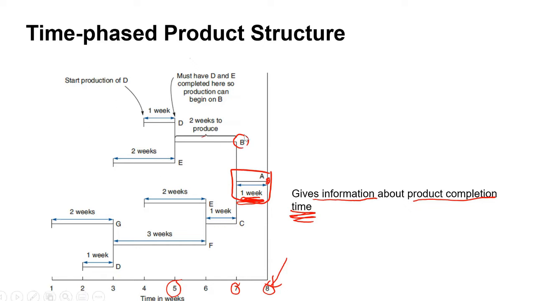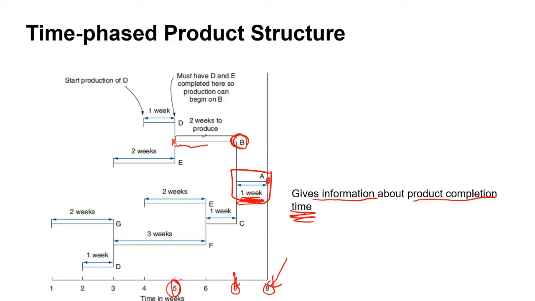How many weeks do we need to produce B? 2 weeks, right? We need 2 weeks to produce B. If I want B to be available on week 7, I need to start production on week 5.